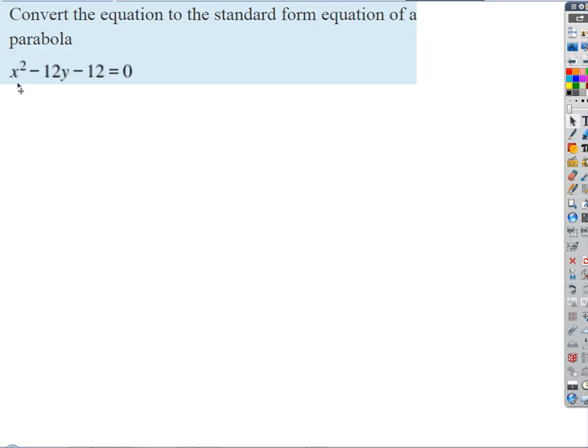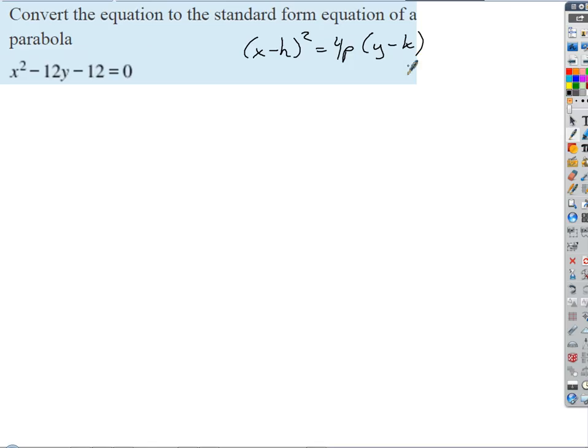So we want to, if necessary, complete the square for x, but we don't need to because the only x term is the x squared. So this is a pretty simple one. We're trying to put this into the standard form where the x is being squared, which is (x minus h) squared equals 4p times (y minus k).